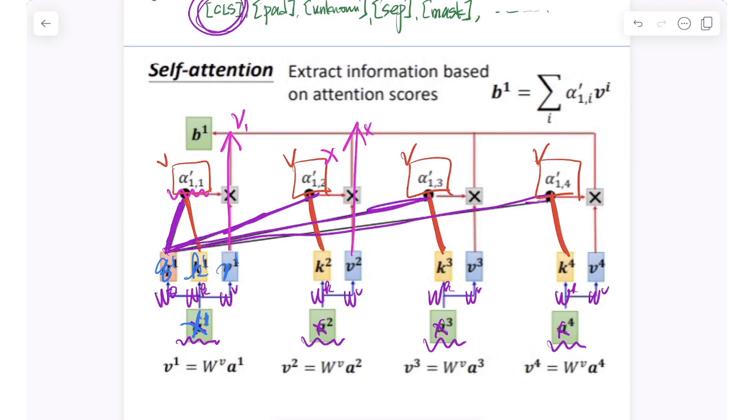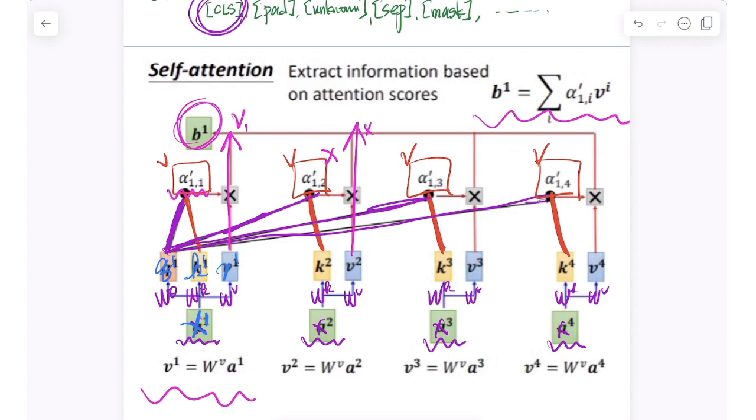After that, we output the final value, which is the sum of V1, V2, V3, and V4 after activation by alpha 1,1, alpha 1,2, alpha 1,3, and alpha 1,4. So that is B. The B value is called self-attention. The B value will be the self-attention of this input X1.